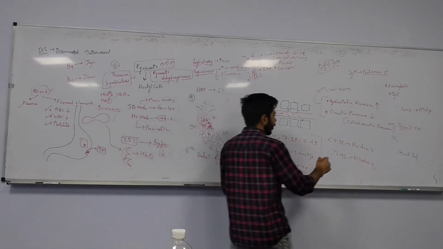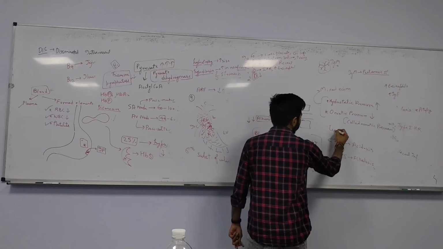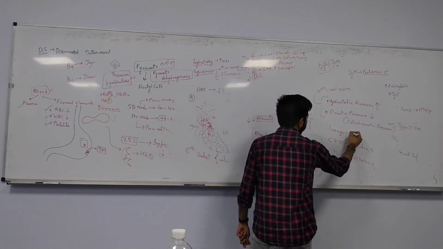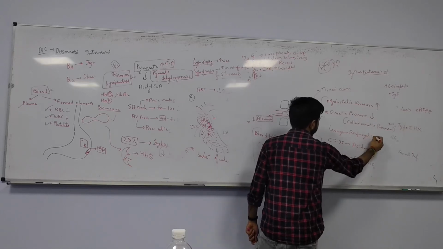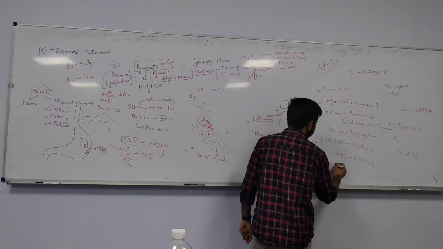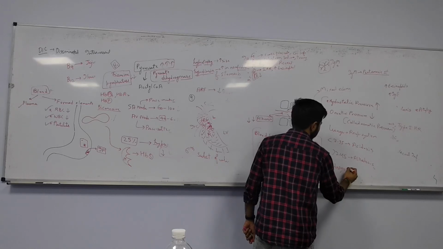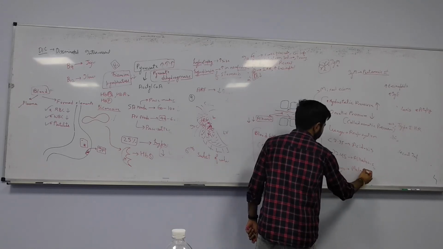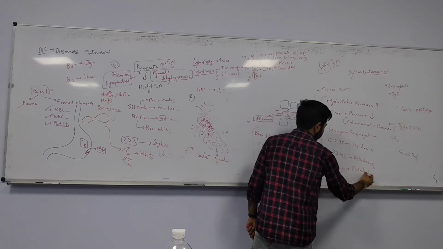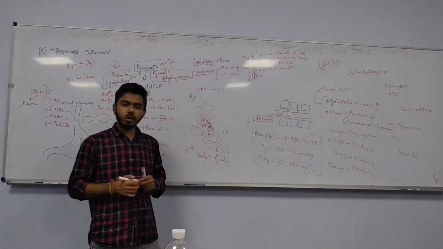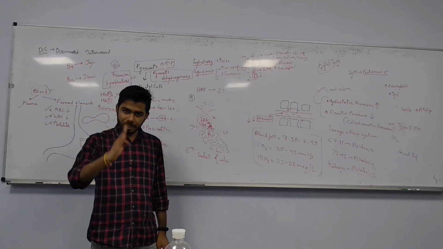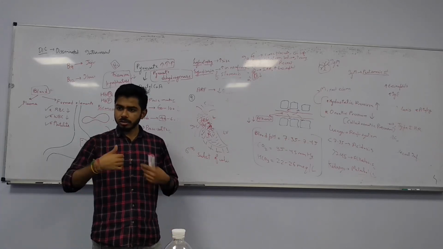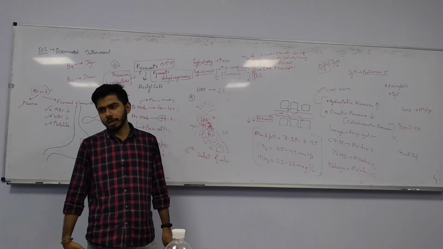Now one more thing, if I am talking about lungs, I can talk about the respiratory system. If I am talking about kidneys, I am going to talk about the metabolic system. So two organs are involved as far as acid-base imbalance is concerned, the lungs and kidneys.